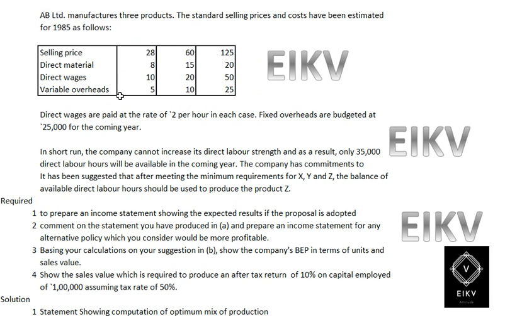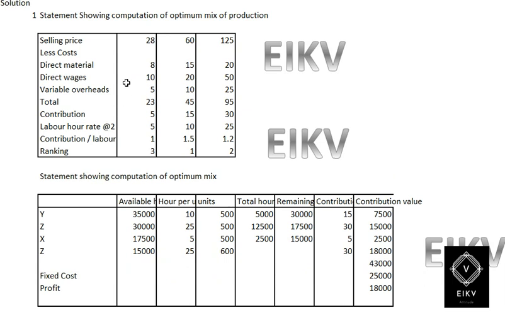Then we have direct wages and variable overhead as directly given. Direct wages 10, 20, and 50. Variable overhead 5, 10, 25. Total cost 23, 45, and 95. Contribution, when we deduct total cost from sales, is 5, 15, and 30.